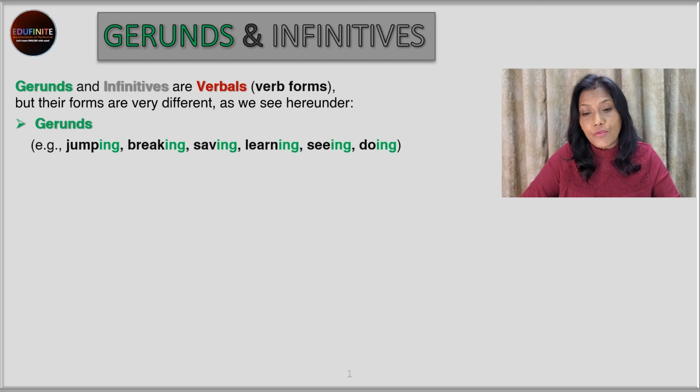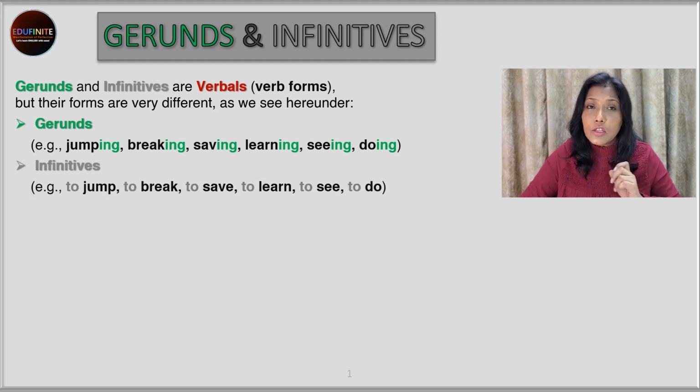So that's the form of the gerunds. Now, the next is the infinitives. How do the infinitives look like? Their form is to jump, to break, to save, to learn, to see, to do. That means to plus the base verb. So form-wise, they are very different and very identifiable. You can just see and tell which is the gerund and which is the infinitive.